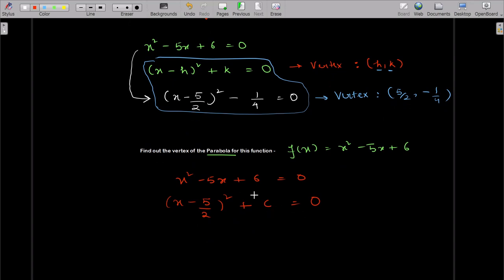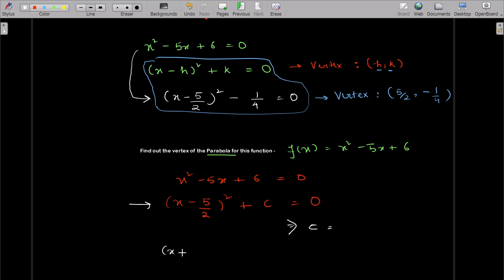So what will be the value of c? No, you just have to compare the one that you got, x minus 5 over 2 whole square minus this, with this equation.